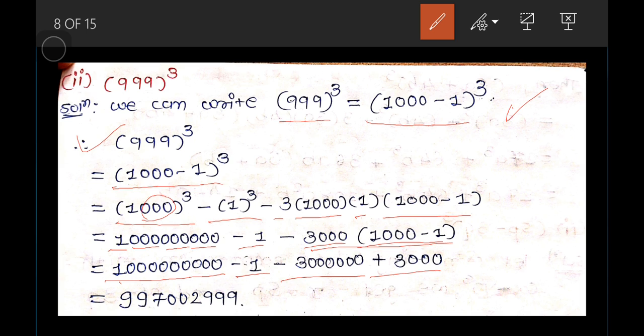Now after evaluating this, we can find the value of 999 cube as given here, that is 99 crore 70 lakhs 2,999. So easily with the help of cubic identities you can find such types of numbers.